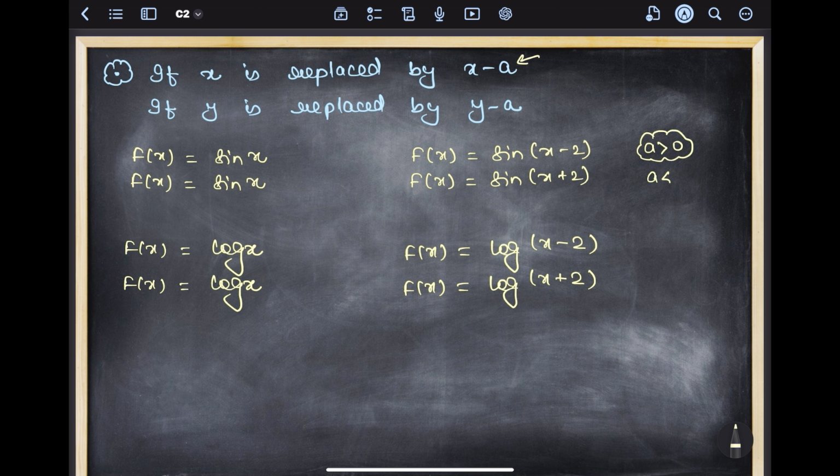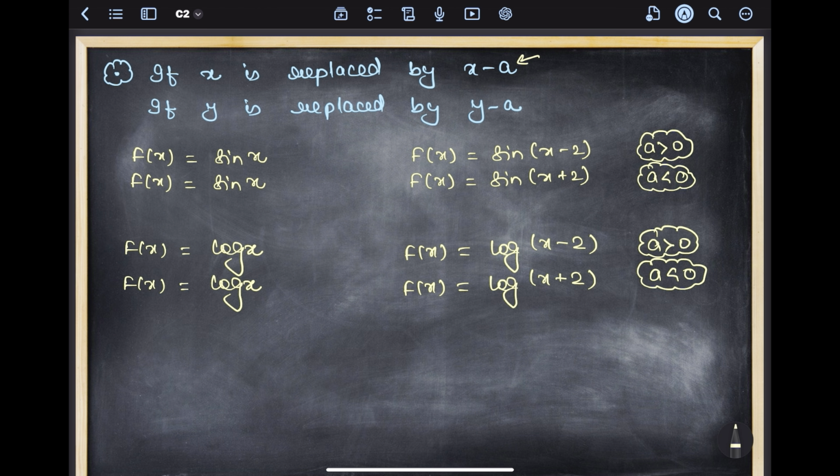In this case a is negative. Okay, so a is minus 2 in this case. So minus of minus 2 becomes plus 2. We have the same situation over here. A is positive over here and a is negative over here. So let's observe the transformation.